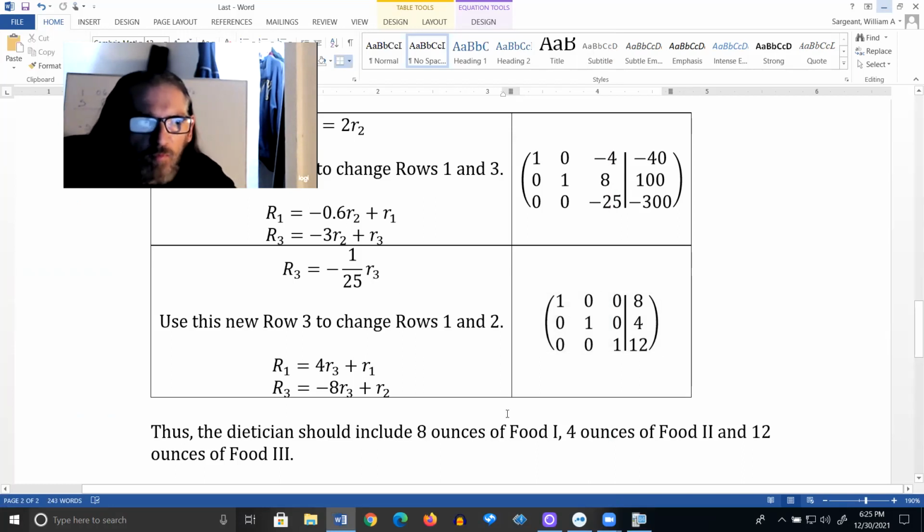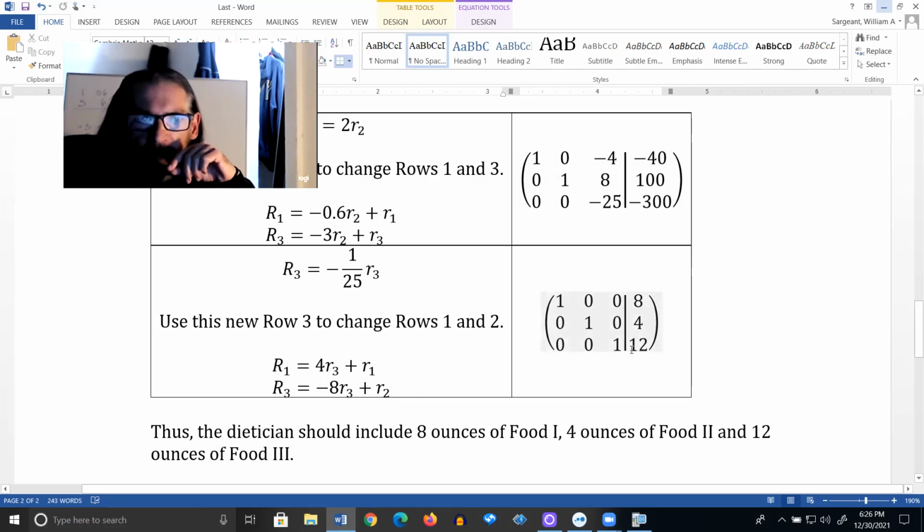And when we multiply by -8, -8 times 0 added to 0 is still going to be 0. -8 times 0 plus 1 is still going to be 1. -8 times 1 plus 8 is going to be 0.